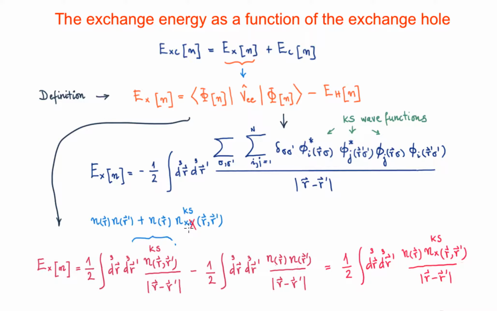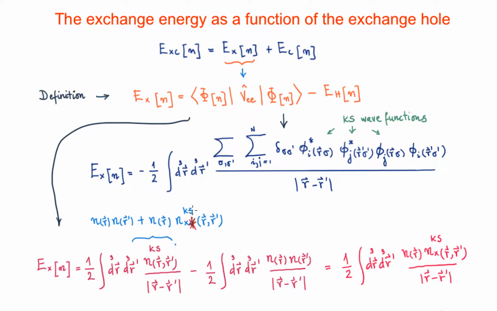But here, as we are considering that the wave function is the Kohn-Sham wave function, a Slater determinant, there is, by definition, no correlation. Therefore, in this exchange and correlation reduced hole, the only remaining contribution when the wave function is the Kohn-Sham wave function is the exchange contribution. So there is no contribution associated with the correlation.